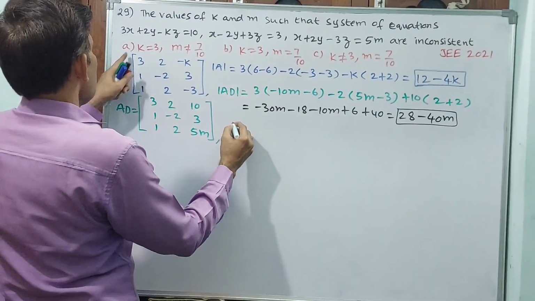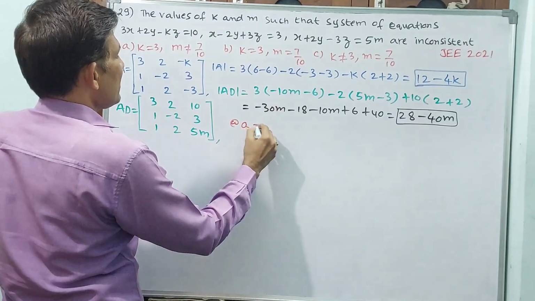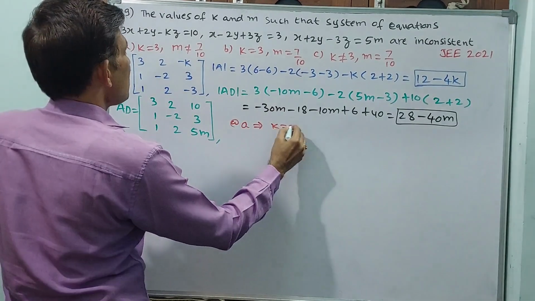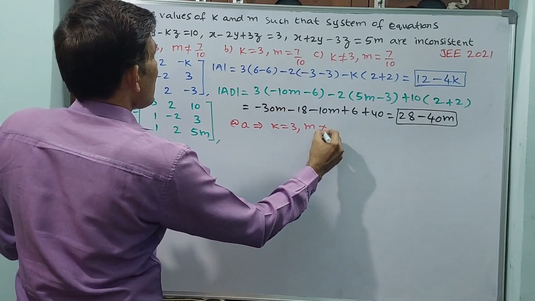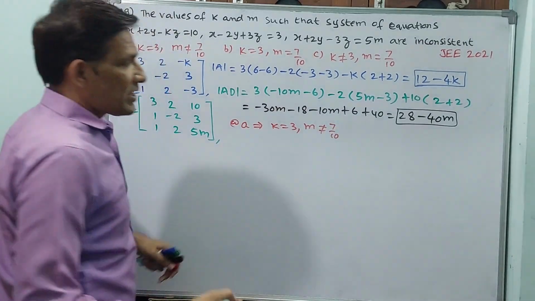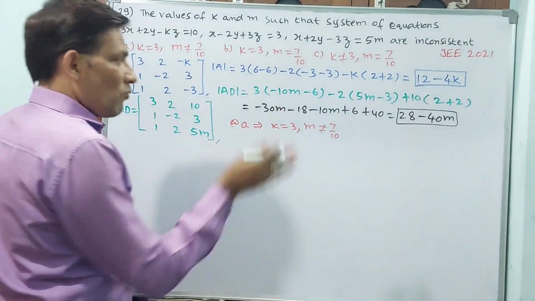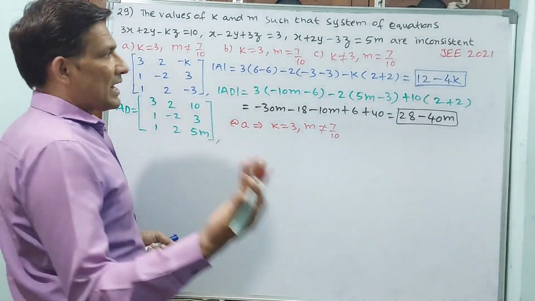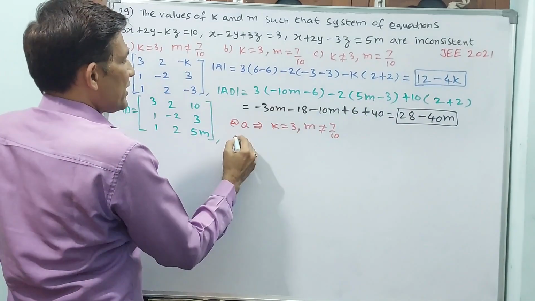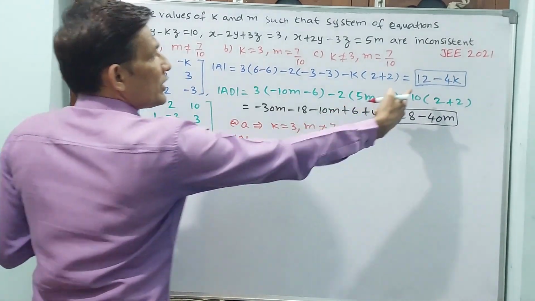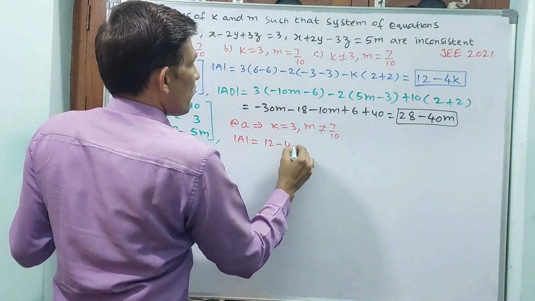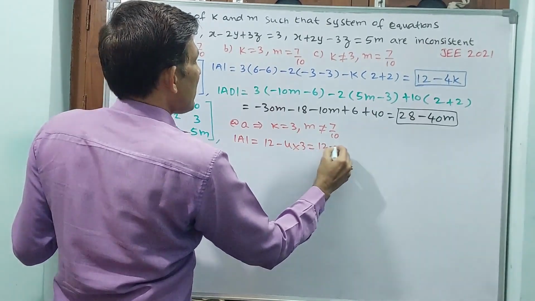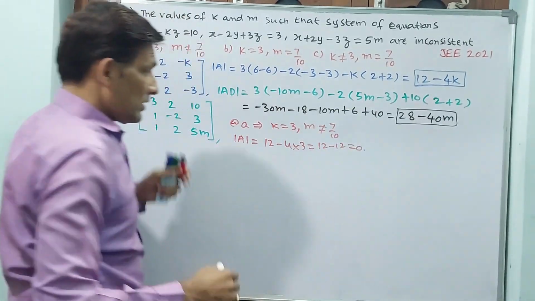Then you can call it inconsistent. Now see, first at A, k is equal to 3, m is not equal to 7 by 10. Not equal to 7 by 10 means we will make it equal to 7 by 10, then we will take a different analogy. Now go for determinant of A. Determinant of A means 12 minus 4 into k is 3, that means 12 minus 12, that is equal to 0.